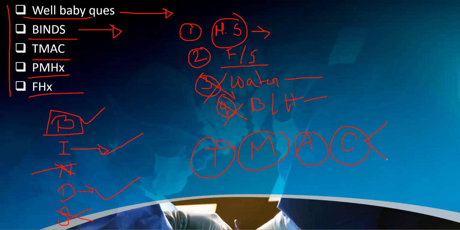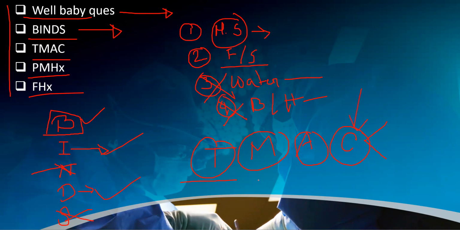So contact history, we usually in children, we ask contact history, that does he go to child care? Anyone in the child care having similar symptoms? Anyone in the home having similar symptoms? Like if it's a gastro case, it can be like a child care outbreak. So that's why in this case, you can ask about contact history.